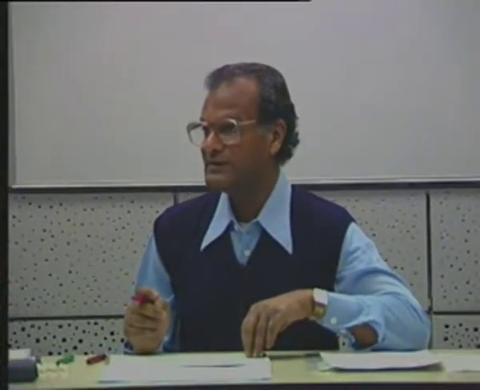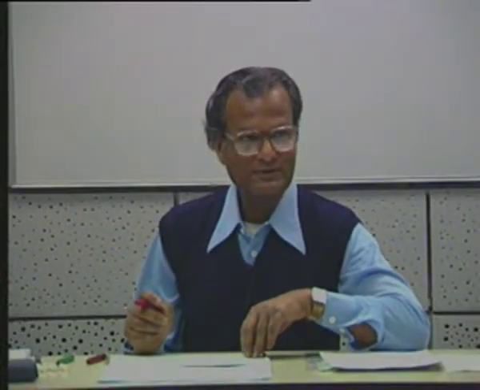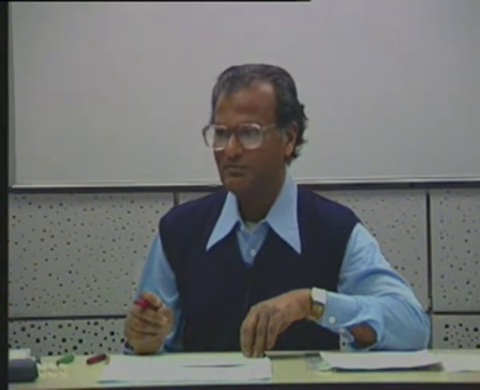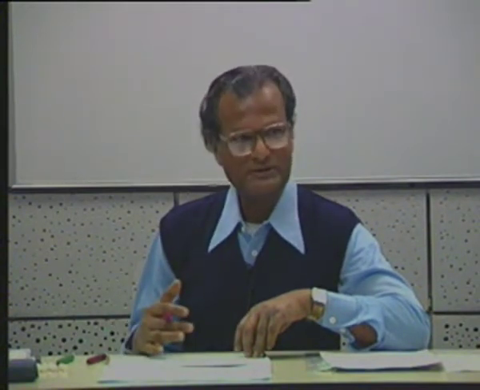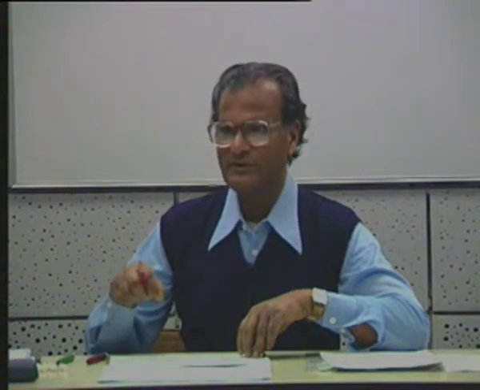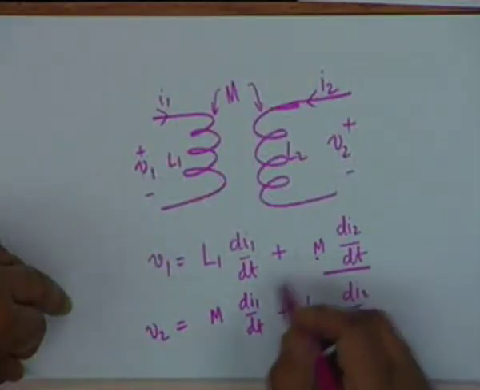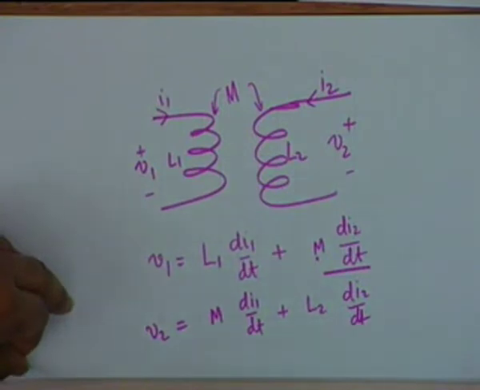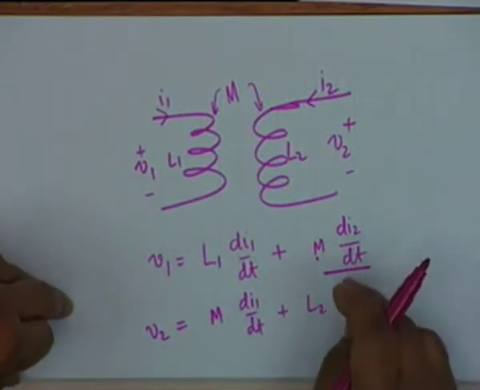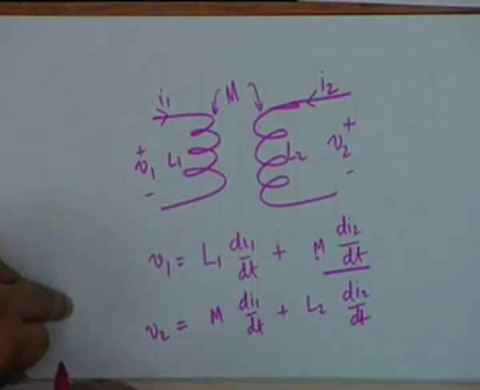Does it require further explanation to convince you that they are indeed equal? Because the cause and response, the excitation and the response, are interchanged. Therefore, the coefficient or the ratio of the two must be the same. That is why you have used the same mutual inductance. Now, the voltages do not necessarily add.